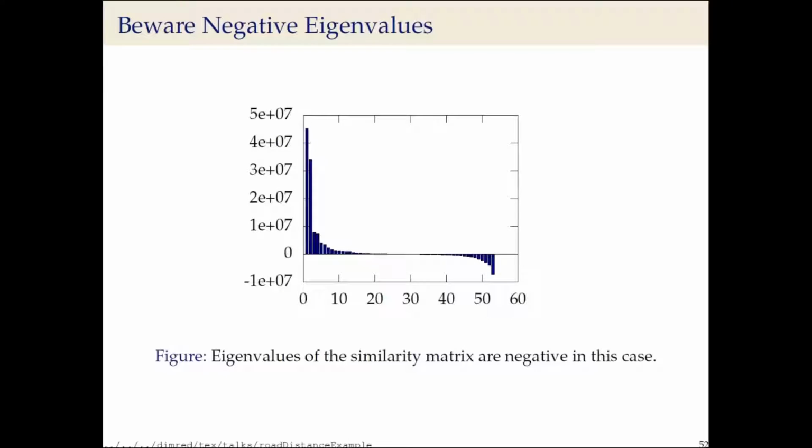So if you look at the eigenvalue spectrum of this distance matrix, or the similarity matrix you obtain, one thing that is sort of known is that this similarity matrix should be positive definite if the distances are Euclidean. But we've not constructed these distances in a Euclidean manner. So in the world of kernel methods, this leads to a non-positive definite kernel.